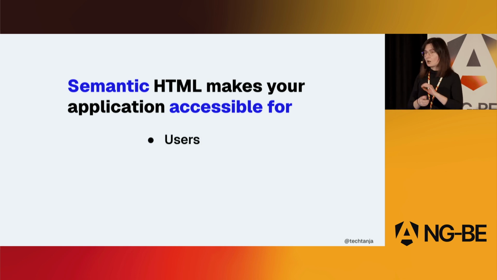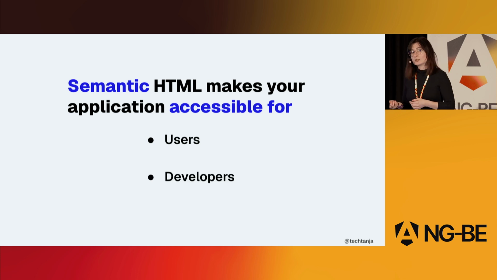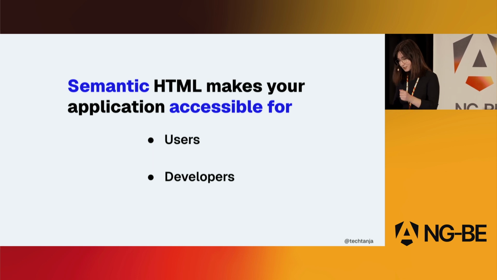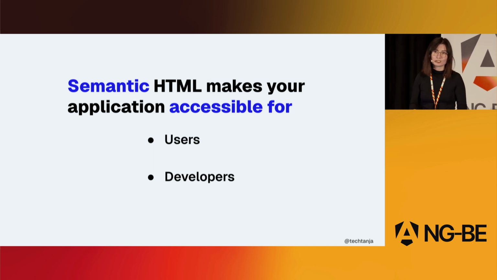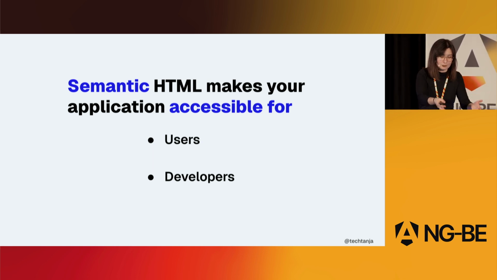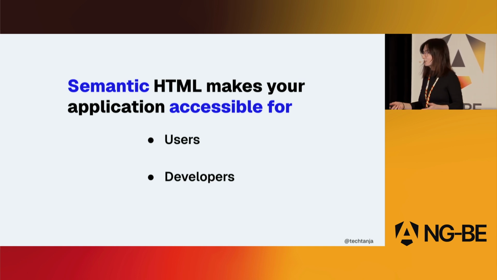Accessible to all of your users, whatever user they are, whatever abilities they have. Also accessible for your developers, because developers are those people who inherit your code and who also need to understand what you're meaning. And it's very helpful if you can actually tell what the thing is supposed to be. And again, just save them time. Use the work of other people.